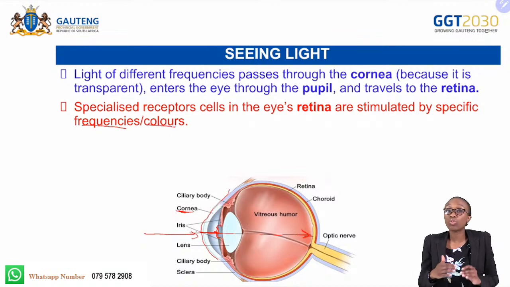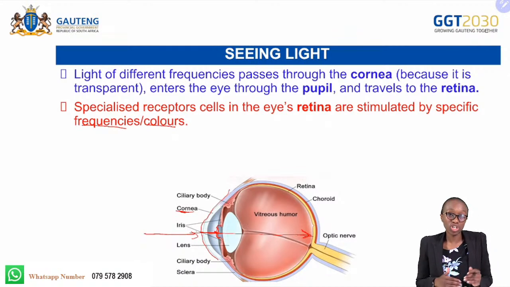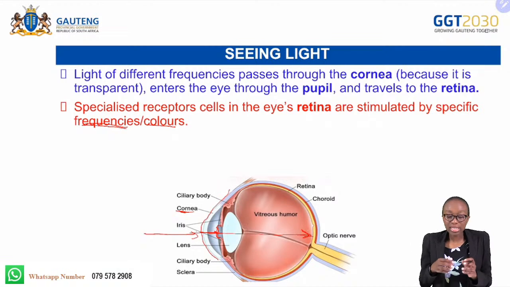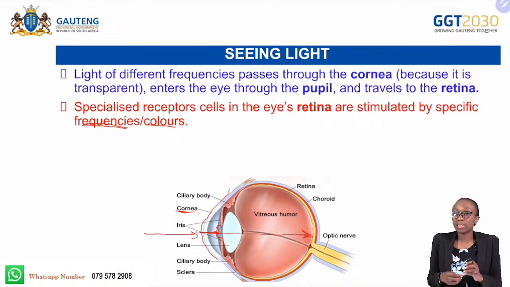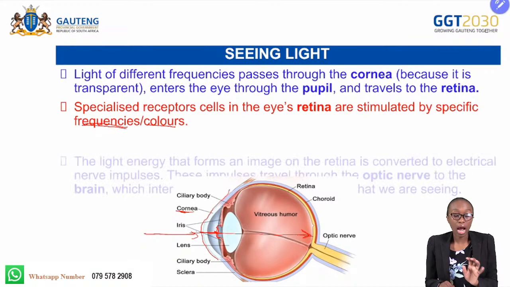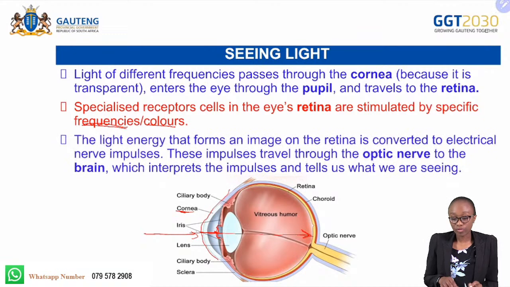I'm going to be using the words frequency and color interchangeably. So now remember each color, red, orange, yellow, green, blue, indigo, and violet. Each of the 7 colors has their own wavelength and their own frequency. So that's how those specialized receptor cells found in the retina are stimulated accordingly by the different frequencies.